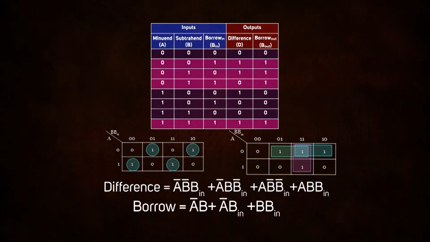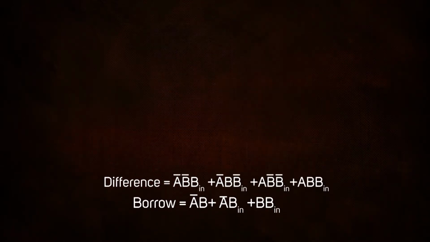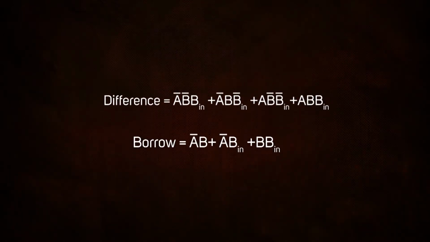Now, we have the SOP expression for difference equal to A complement B complement Bin plus A complement B Bin complement plus A B complement Bin complement plus A B Bin, and borrow equal to A complement B plus A complement Bin plus B Bin.